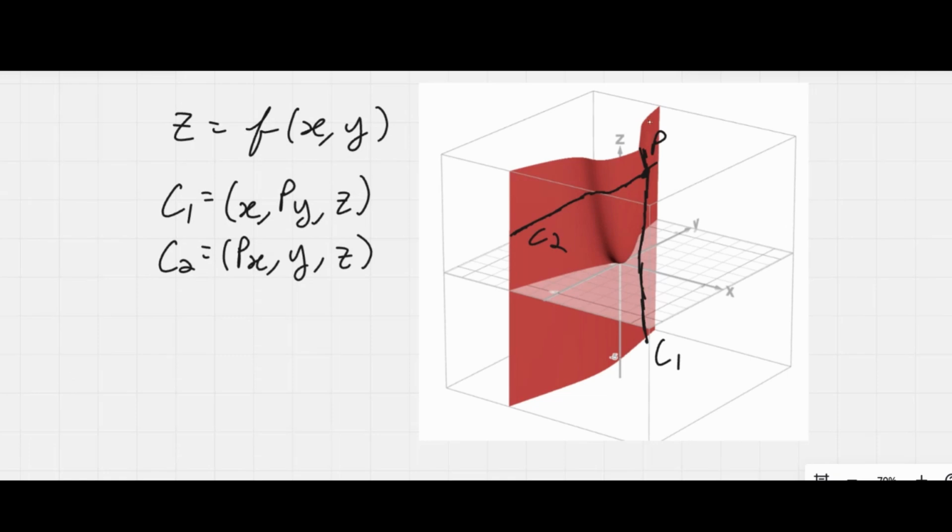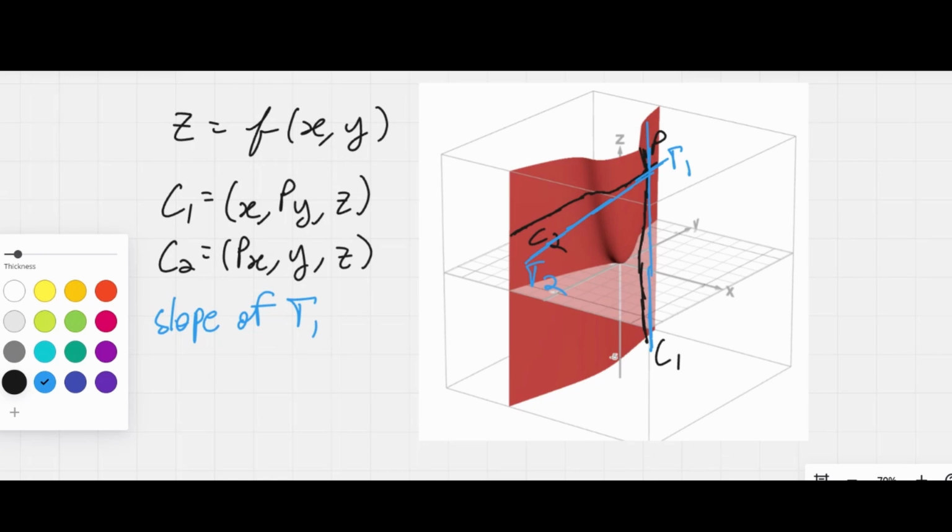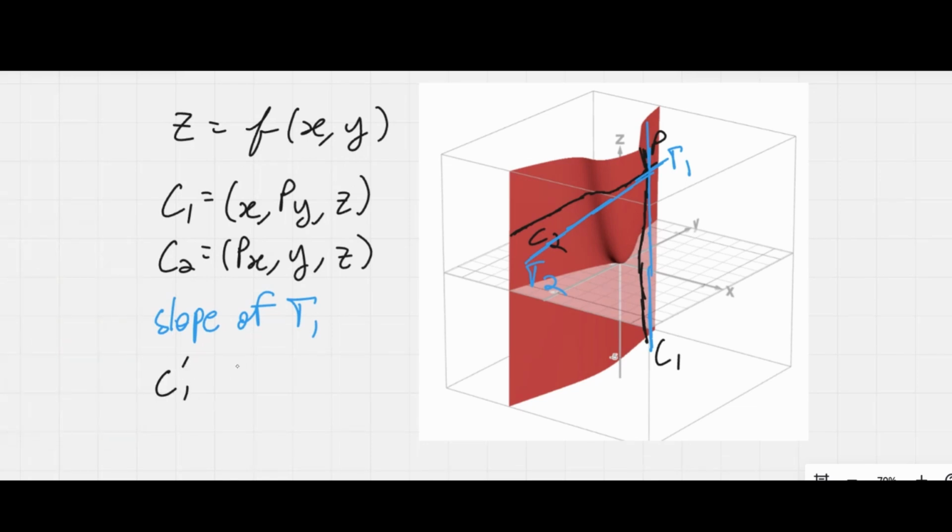We also talked about the tangents of these curves, and they could be modeled as such. So we could bring down a tangent line over here, and we could bring a tangent line across over here. Looks something like this. And that is tangent number 2. And the slope of tangent 1, for example, could simply be said to be the derivative of curve number 1 at a given x value.